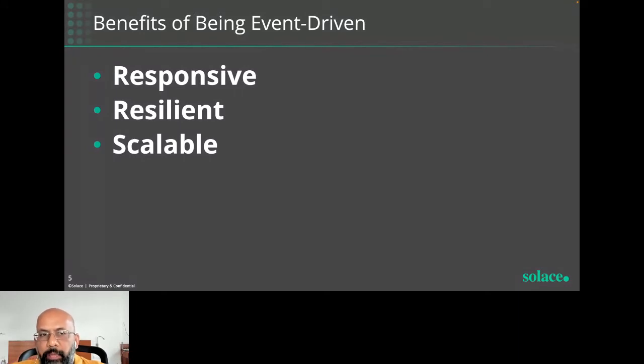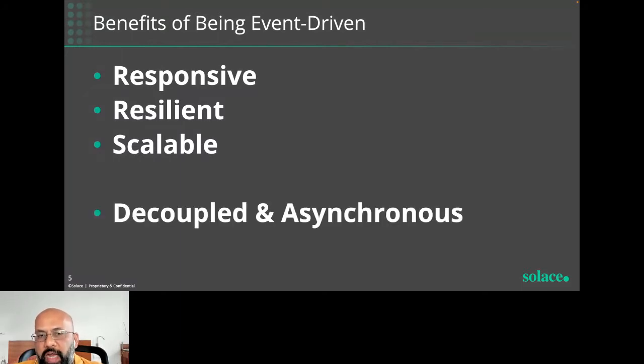And these three are the major benefits. This is just a small set that we can all relate to. There's a lot more than that. And obviously, this gives you something more, which is decoupled and asynchronous interaction. Based on what we know as enterprise architecture, in the monolithic, client-server and every other form, there is a tight coupling, knowingly or unknowingly, that you end up creating between the components.